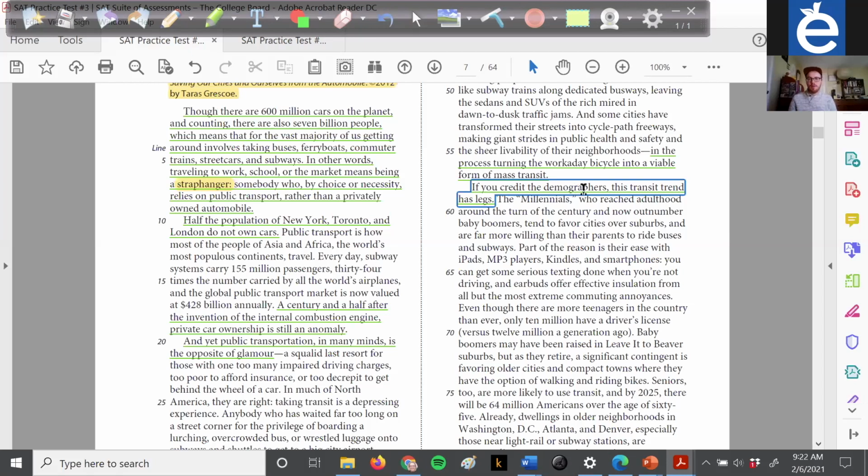So these are people who are telling us that these trends are actually continuing. We don't have to exactly know what a demographer is. You could probably figure it out through just some basic interpretation of word parts. You've probably seen demographics before, right?